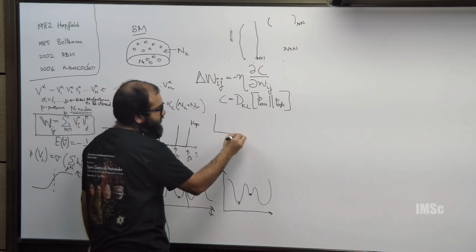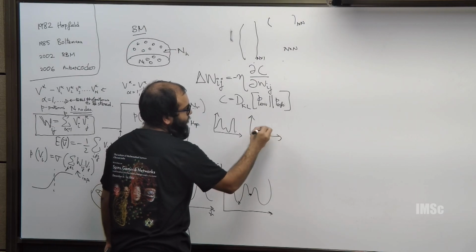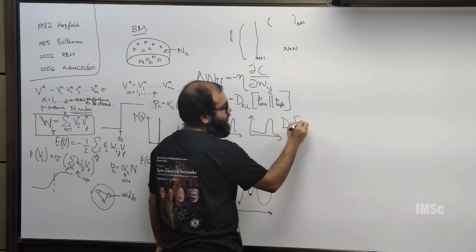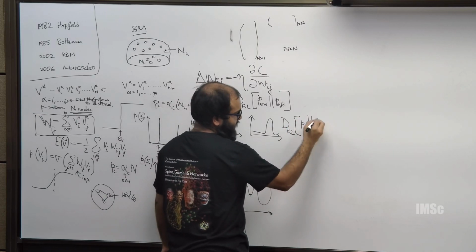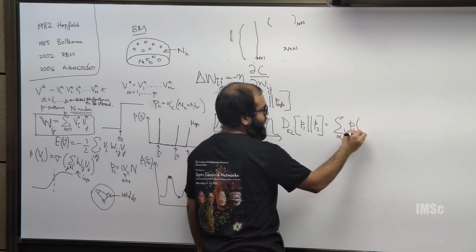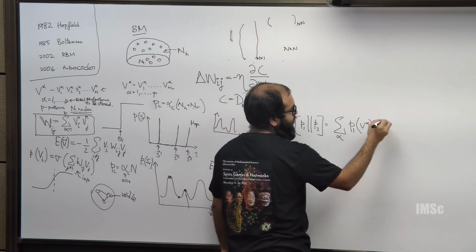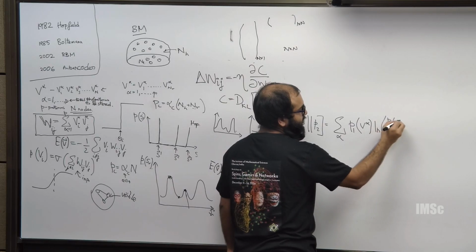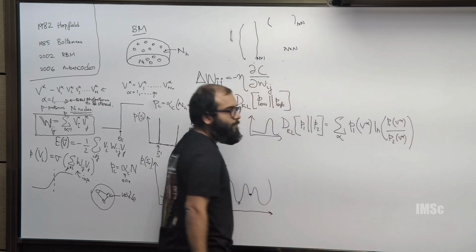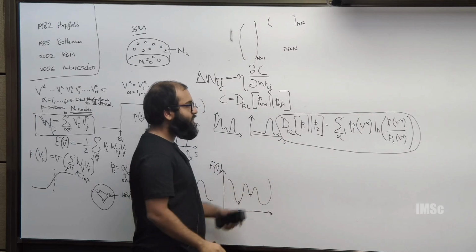So if you have two distributions, P1 and P2, the D_KL is given by the sum over V alpha of P1(V alpha) ln of P1(V alpha) by P2(V alpha). So this is the Kullback-Leibler divergence, and you can get a feeling out of it, right?